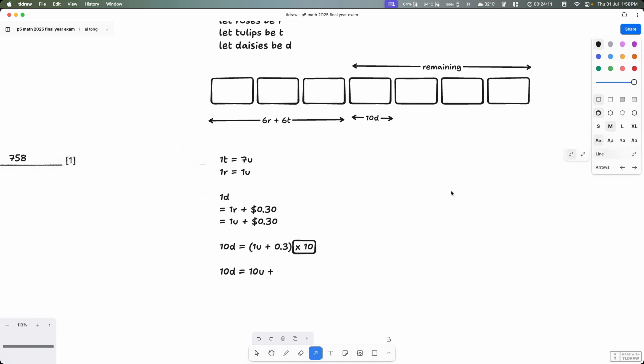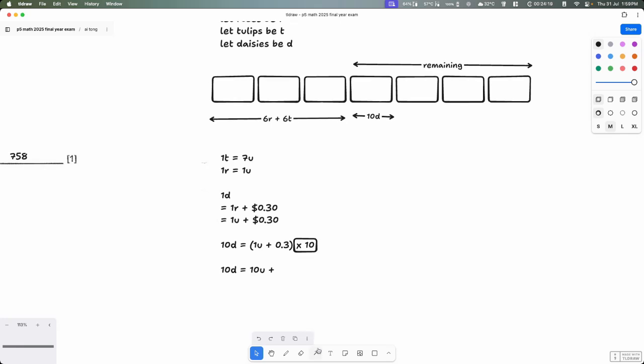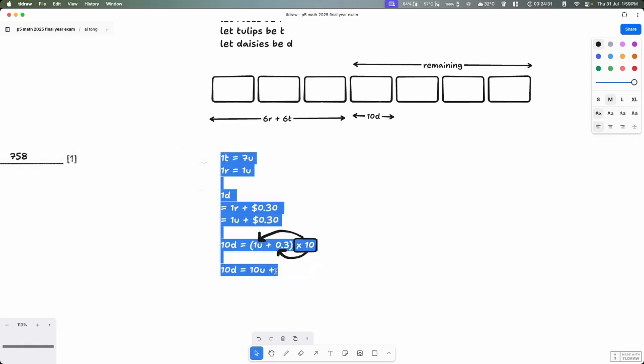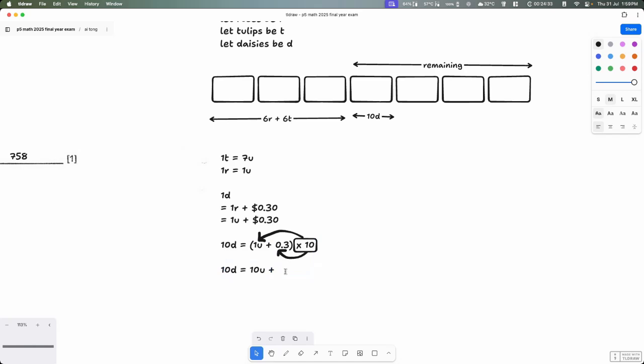So 10, you need to multiply 1 unit, and you also need to multiply the 0.3. So 1 unit times 10 is 10 units, and for 0.3, this will just be $3.